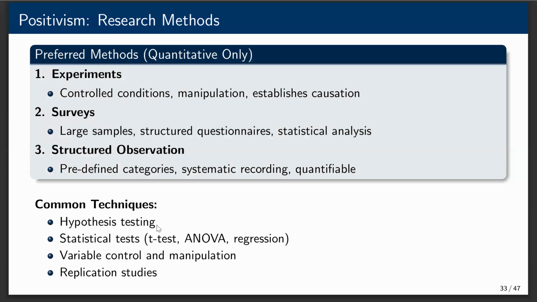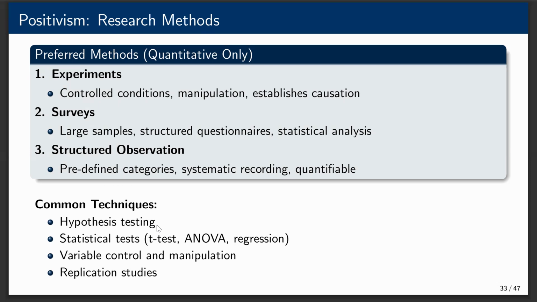So, in positivism, what are the research methods? The preferred methods are quantitative. First, experiments, which are conducted in controlled conditions. Manipulation, and only then will it establish causation. Second, surveys: large sample, structured questionnaire, statistical analysis.